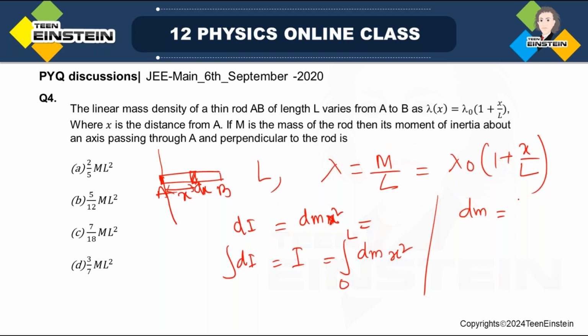Dm is equal to mass per unit length lambda into dx.